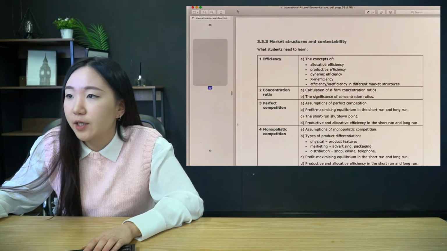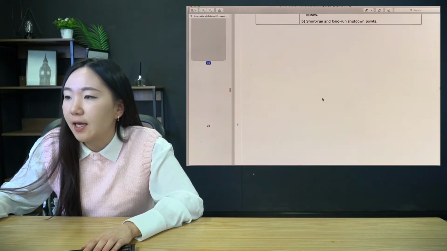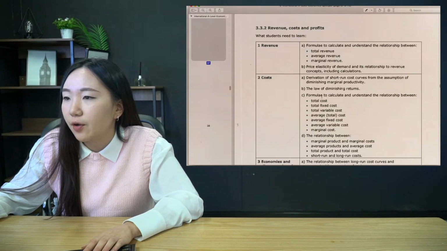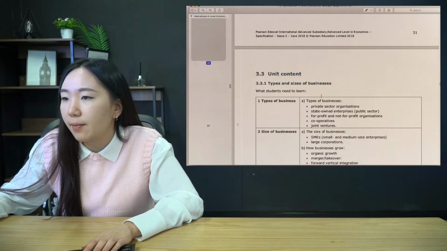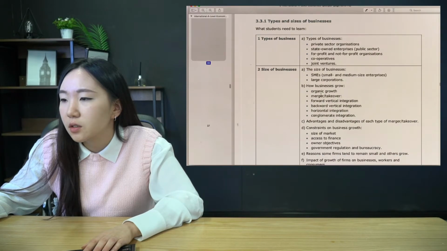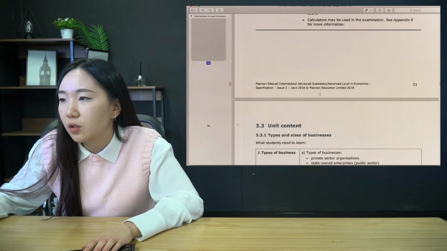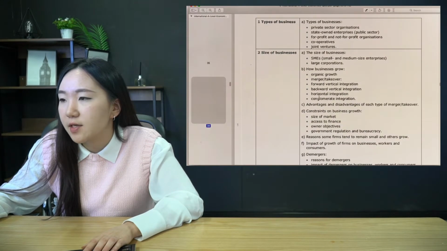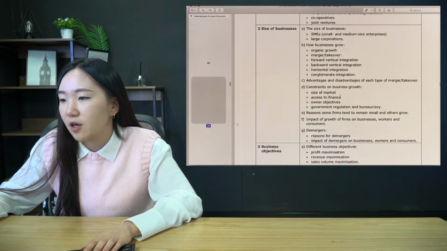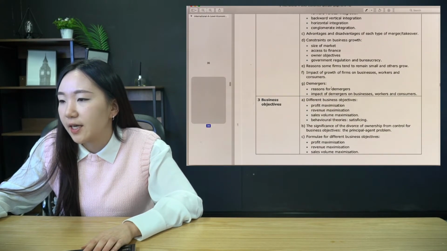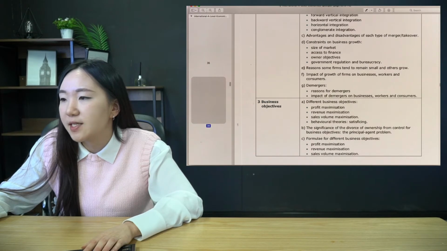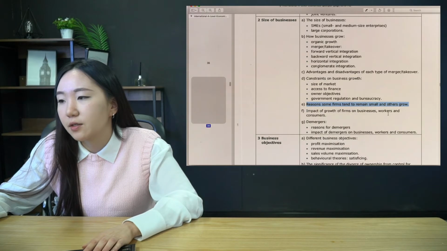Yeah, okay, so if we look here, this is the A-level specification, and so it's going to be right about, yeah, I guess it's here, isn't it? Yeah, so it's asking about the different types of growth here, and it's looking at demergers. So it's basically going to be reasons, this part here, reasons some firms tend to remain small and others grow.